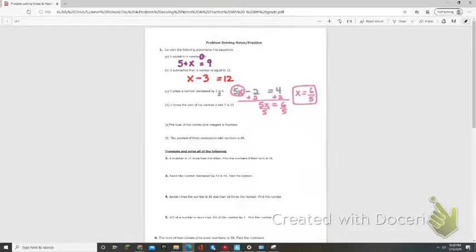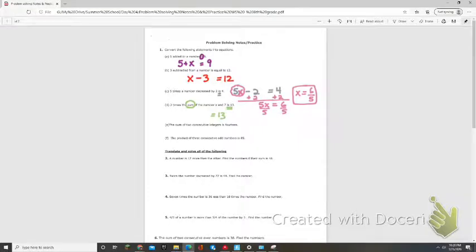Okay, let's look at D. We have 2 times the sum of a number x and 7 is 13. So get that equal sign. And here we have 2 times the sum. So the sum's a new word here. Sum means add.